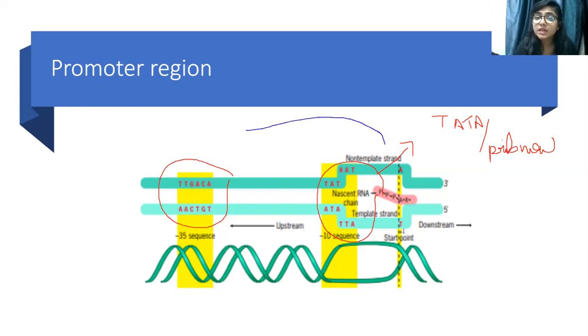The transcription apparatus which I discussed in the previous class is the RNA polymerase. So RNA polymerase will be binding like this. The whole sequence will be under the RNA polymerase enzyme. Okay. So these are the important points which I wanted to discuss before coming to the process directly.